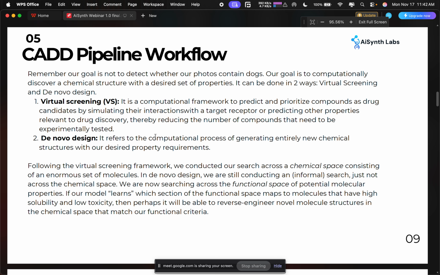That means they are likely to activate adrenergic receptors. So we feed it into the ML system for it to learn: this is a drug that is a sympathomimetic, and this is a drug that is not a sympathomimetic.